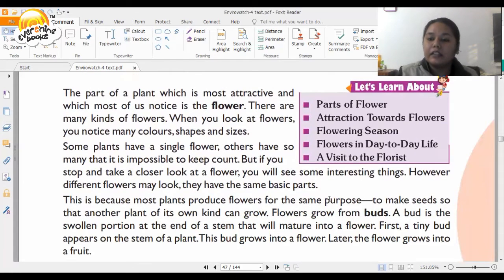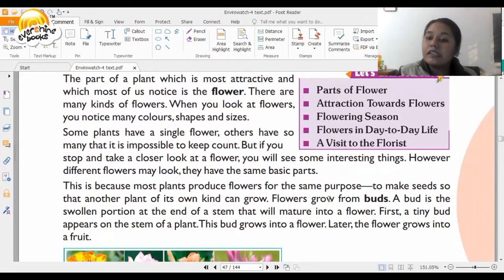But we all are different in a manner, but also same in some way. Same is the case with the flowers. This is because most plants produce flowers for the same purpose. What is this purpose? To make seeds so that another plant of its own kind can grow.